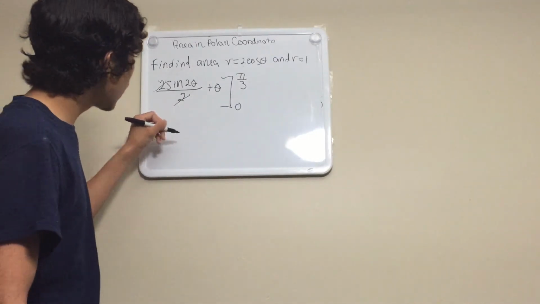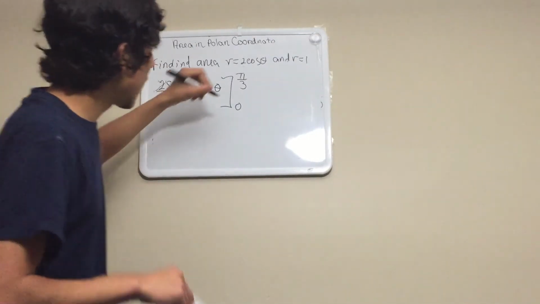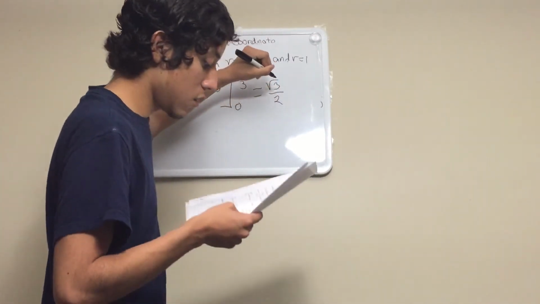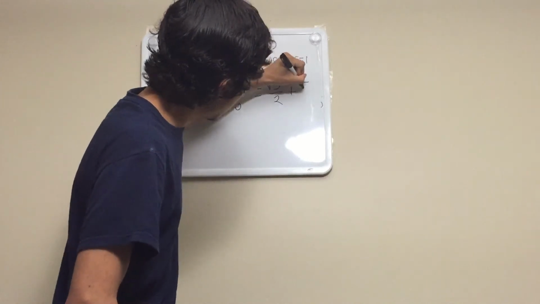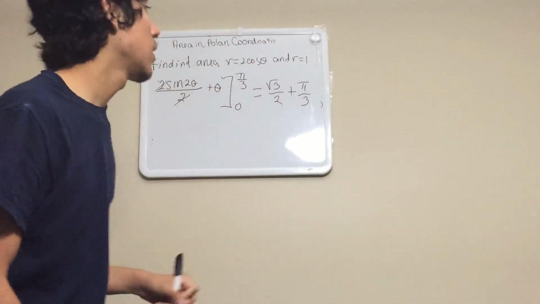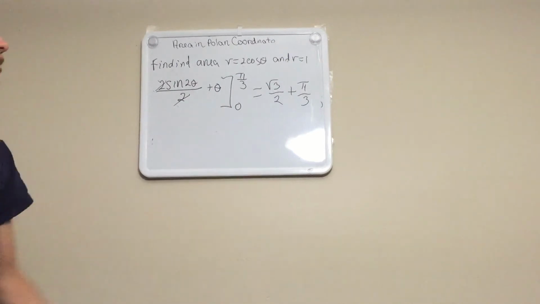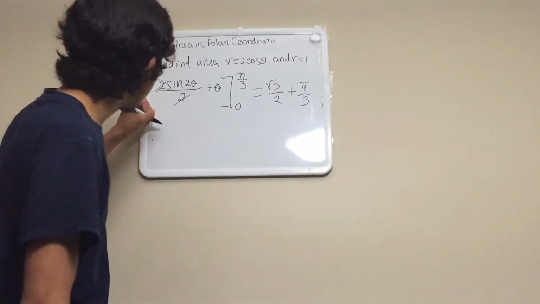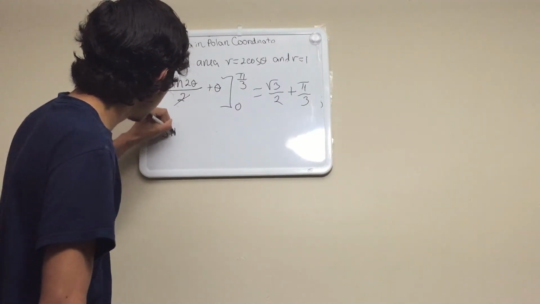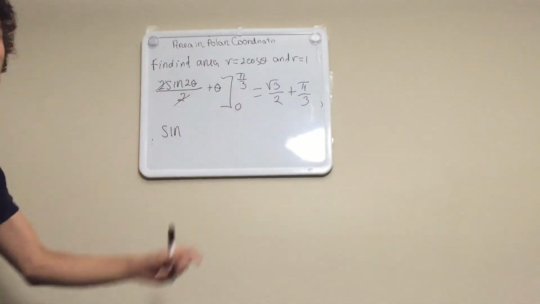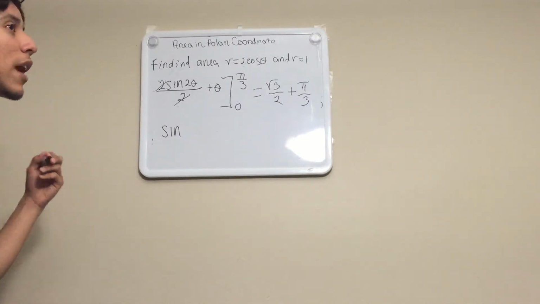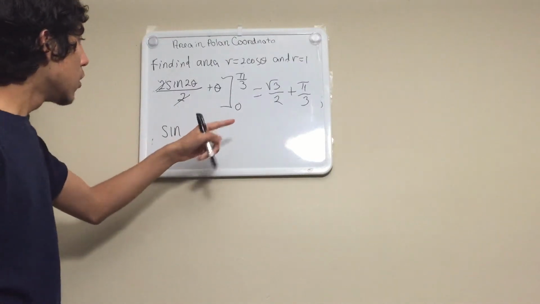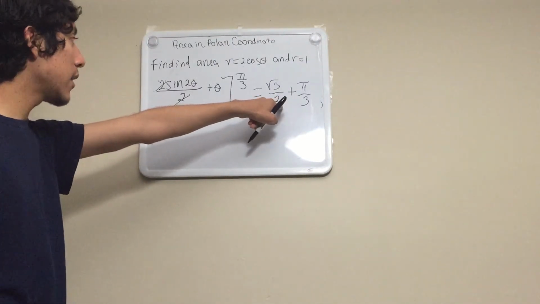So when we plug all of that in, we get radical 3 over 2 plus pi over 3, and that's our answer. If you want me to show you how to get that, I'll show it right now. Sine of 2 pi over 3 is radical 3 over 2, that's how we got there.